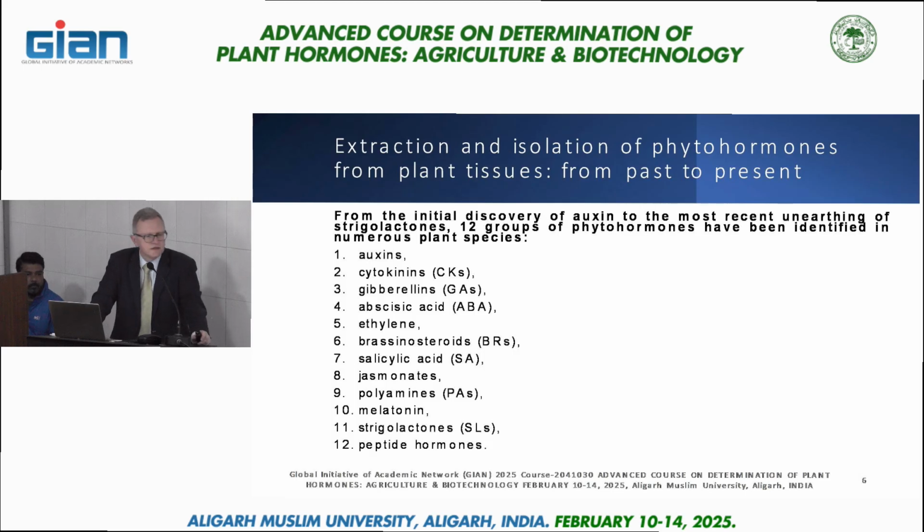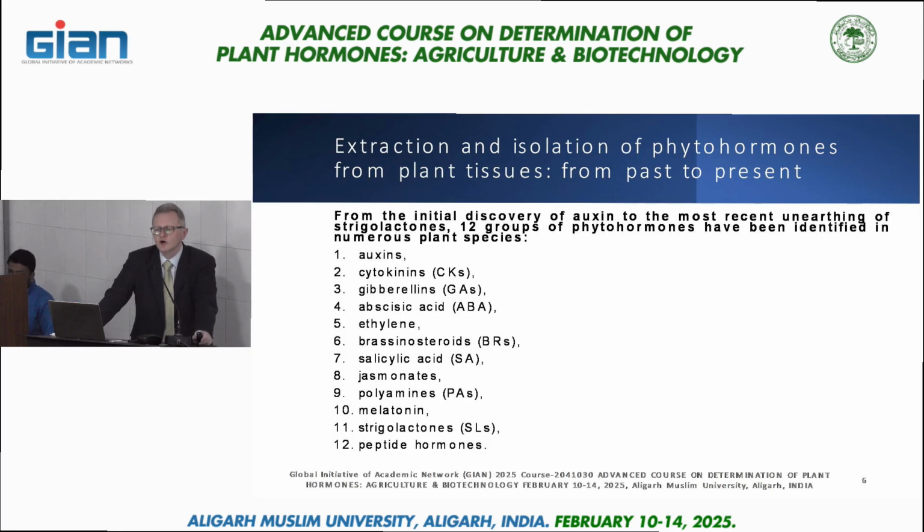Over the years, scientists have identified 12 major classes of plant hormones, each with a distinct chemical structure and biological function. This includes auxin, cytokinins, brassinosteroids, salicylic acid, and other peptide hormones.